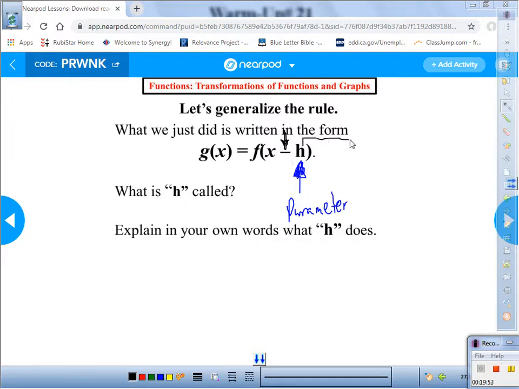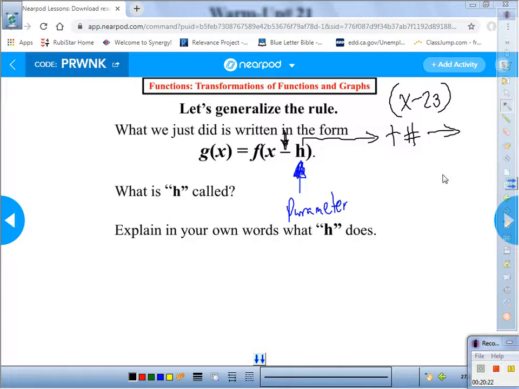Watch. If I substitute a positive number in here, think about it. I'm going to substitute a positive number. Don't I end up with something like this? x minus 23. Positive 23 goes in there, it stays and it becomes a negative, right? So question, if I substitute a positive number into this formula, which direction do I go?